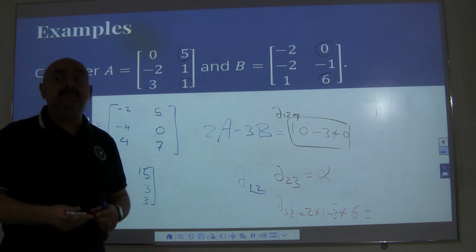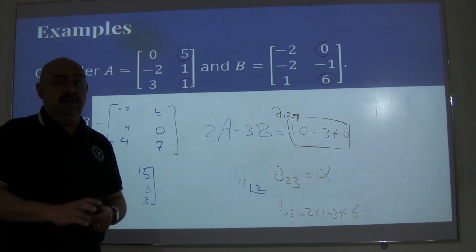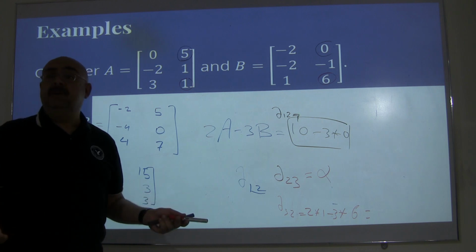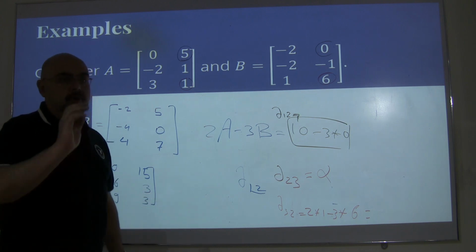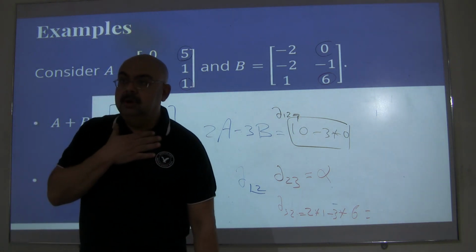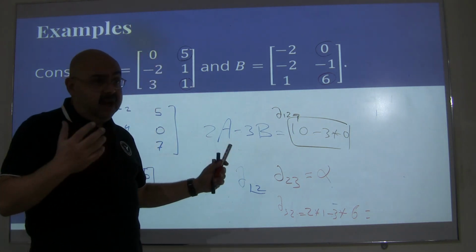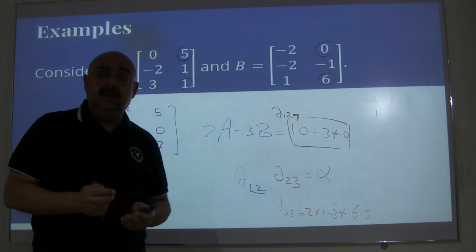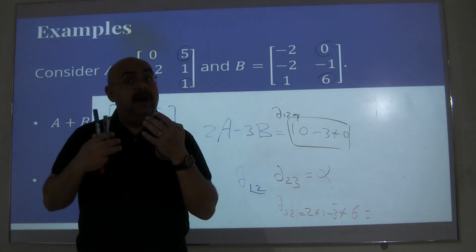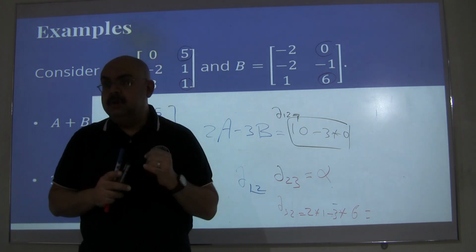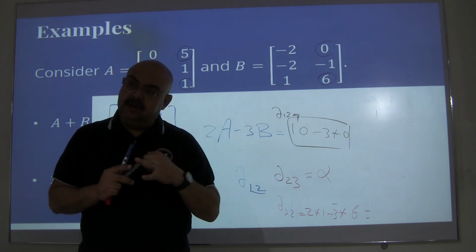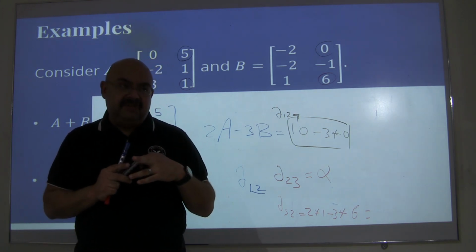I want you to expect that maybe you may be asked about something like this. It's really very simple, very tiny, but from my point of view, if I asked you about something like this, I've gained. Now I know that you know exactly the dimension, the entries, how to get the specific value.